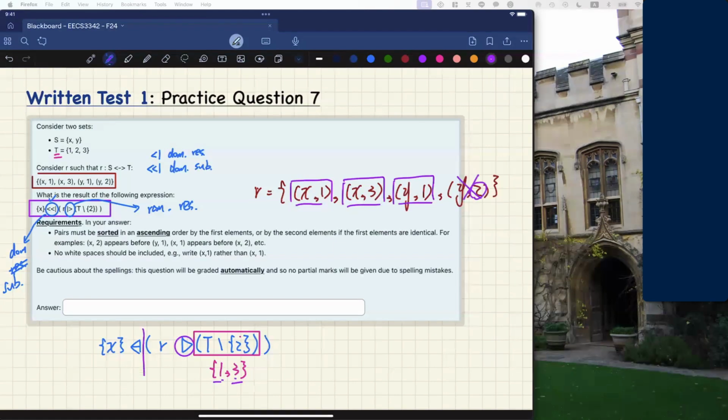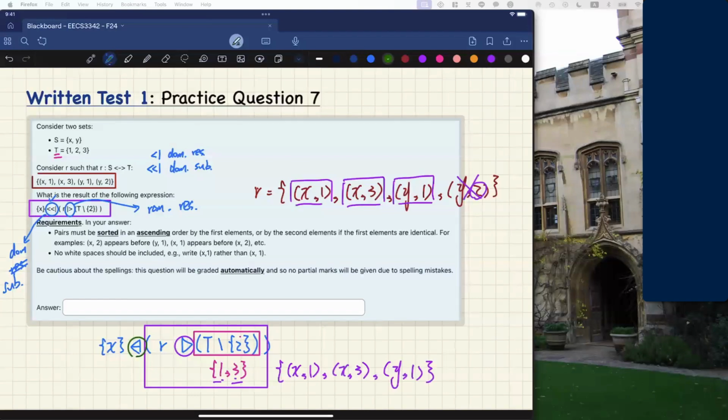So now after this particular evaluation here, we got basically another relation, which will be x1, x3, and also y1. And then we got something called domain subtraction.